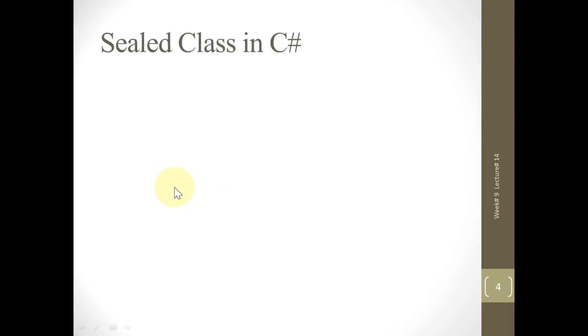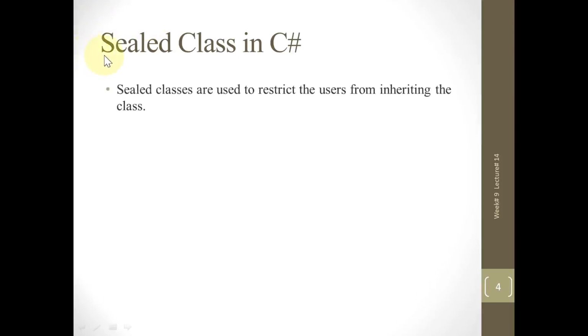So students, what is a sealed class in C Sharp? As you can see, we have already started object oriented programming within C Sharp. A sealed class is a type of class that you cannot inherit within a second class.